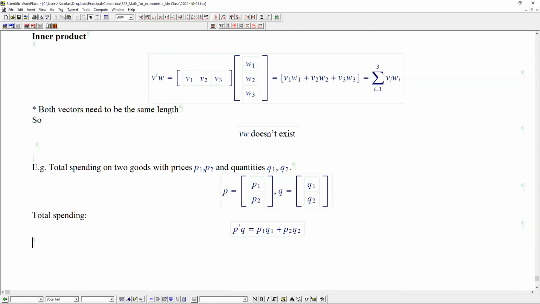Okay, so the second sort of product, the outer product. If we have an inner product, we have an outer product. So Mr. Deng, if we write P Q prime, then we don't have an inner product, we have an outer product. It's somehow like the Cartesian product.